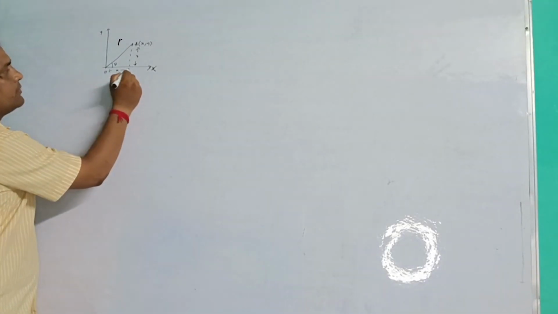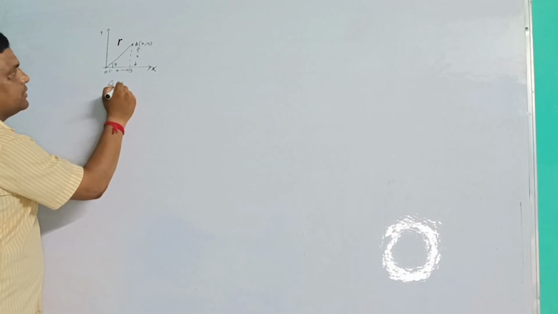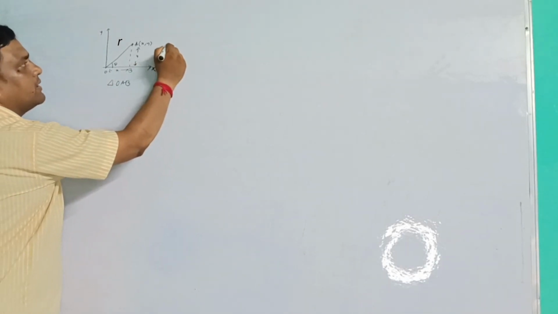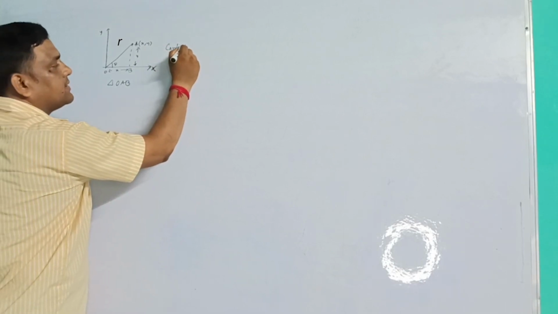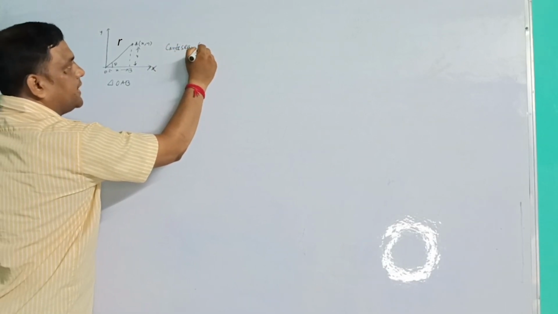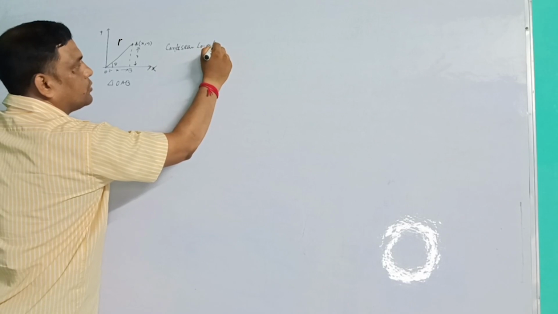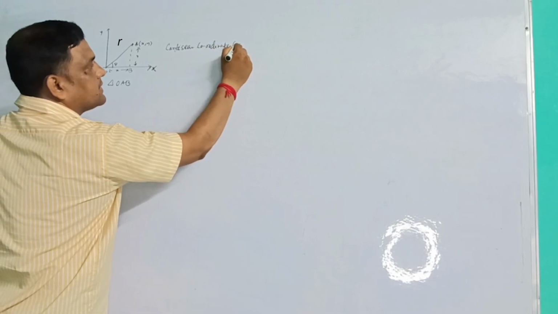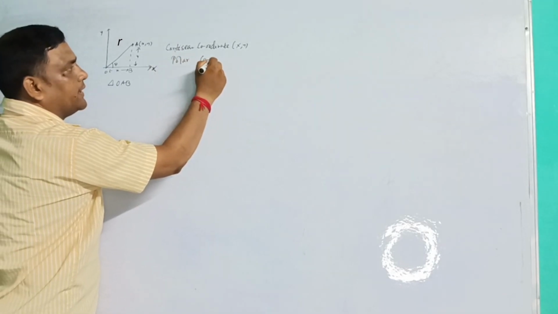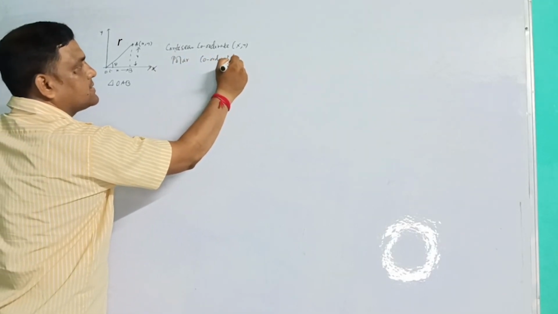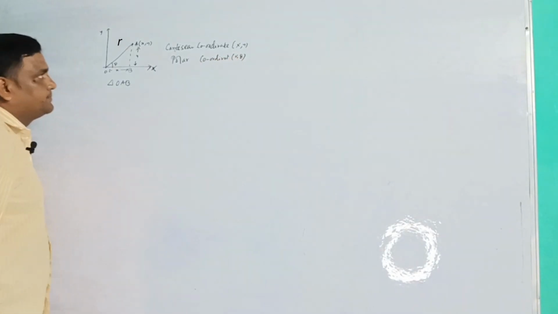Then from this triangle OAB, here the Cartesian coordinate is x comma y, and the polar coordinate is r comma theta.